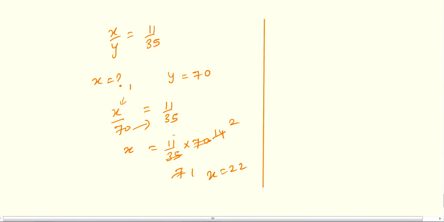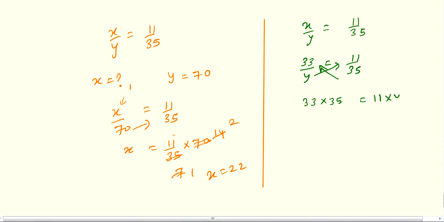Second question, x upon y equals 11 by 35. Now we have to find y if x is 33. So x is 33, y we have to find, so 33 upon y equals 11 by 35. Now cross multiply. 33 into 35 equals 11 into y.